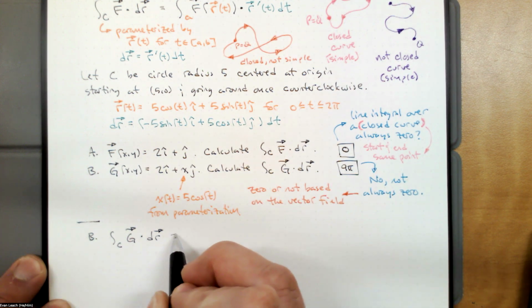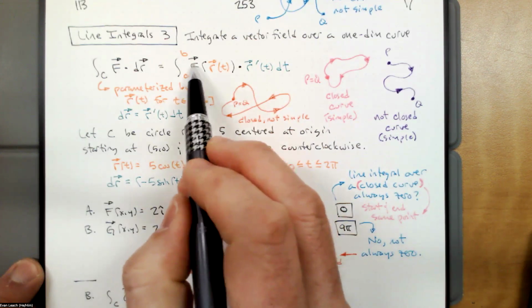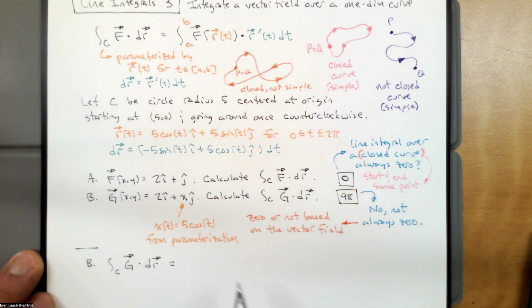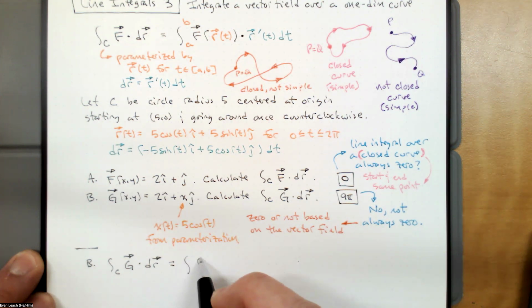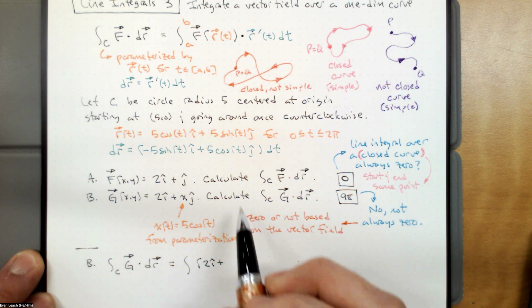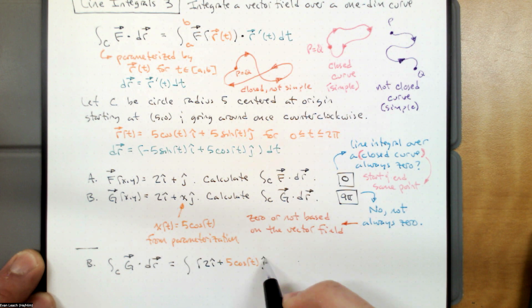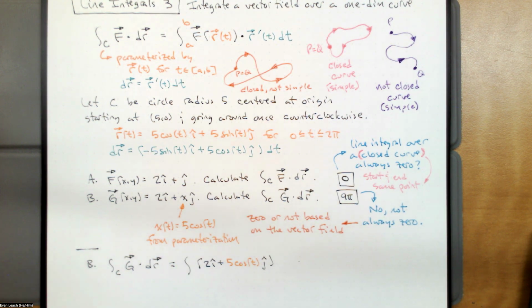So the vector field evaluated at the curve will be 2i plus x times j, and x is from r of t. So this is going to be 5 cosine of t j. This is what it looks like to evaluate the vector field at the points on the curve.